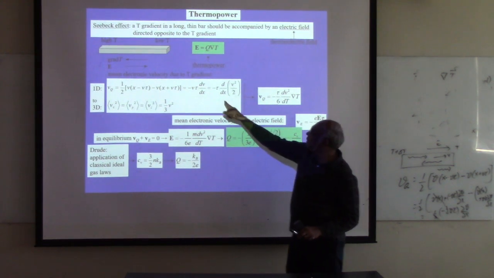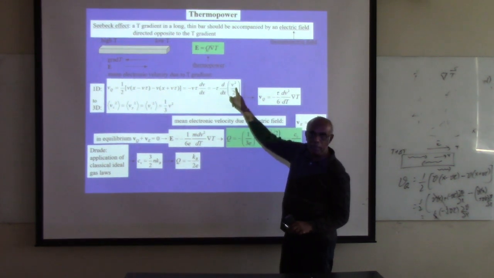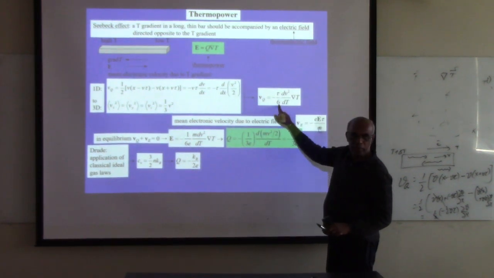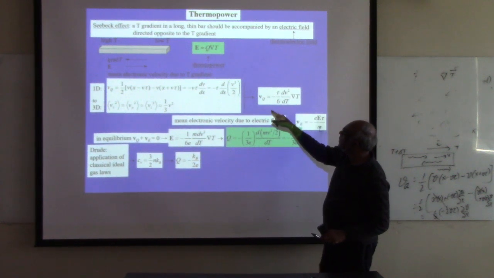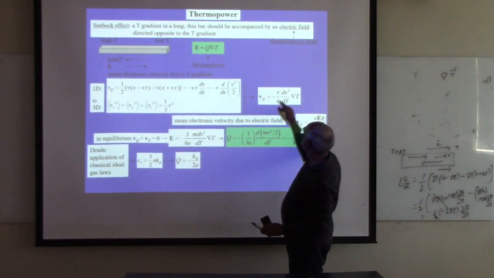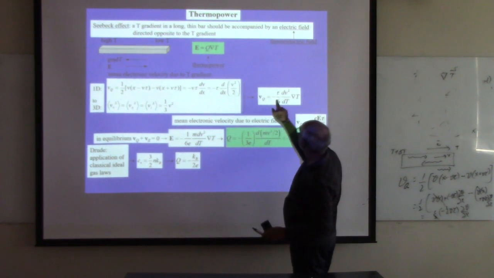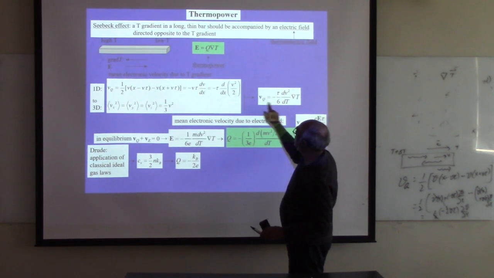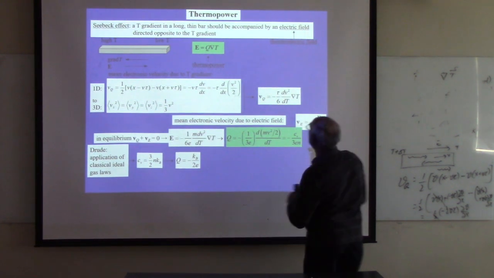Exactly. Because this is only Vx. If you take the three-dimensional V, you get 1/3 of that one, right? So this 1/3 and 1/2, that is 1/6 if you write this way, dV squared over dx squared.